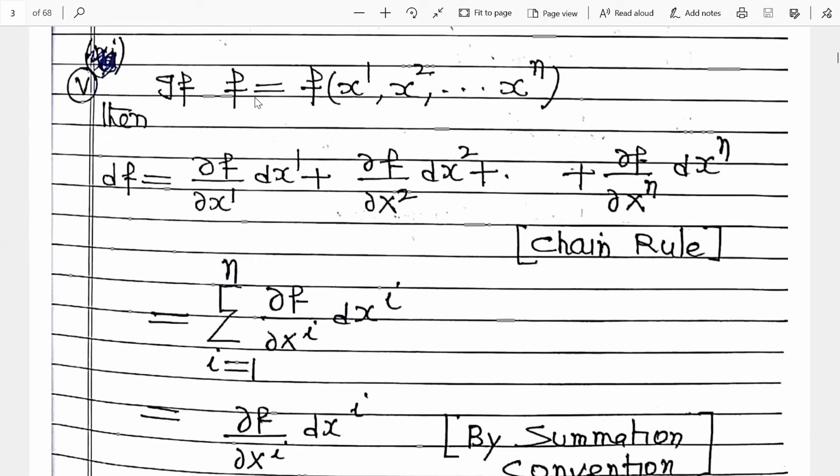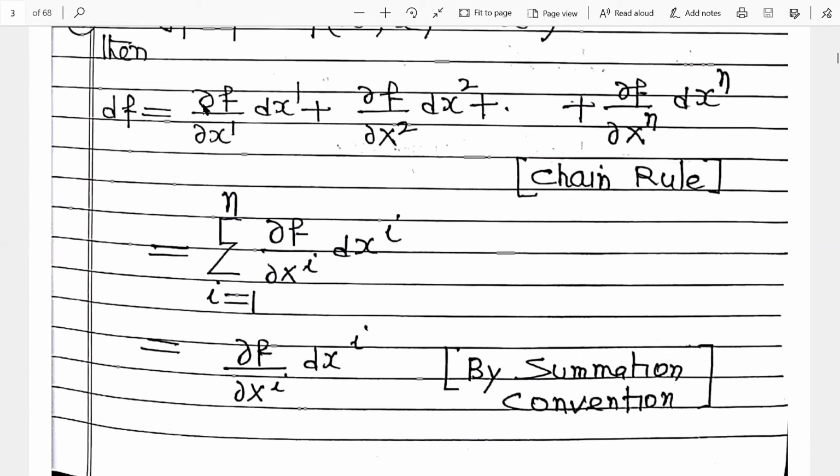Now if f is some function which depends on n variables, first variable, second variable, and nth variable, we can take the differential of f. So we differentiate this function with respect to x1, x2, and xn. It means df can be written as curly f by curly x1 into dx1 plus curly f by curly x2 into dx2 plus so on up to curly f by curly xn dxn.